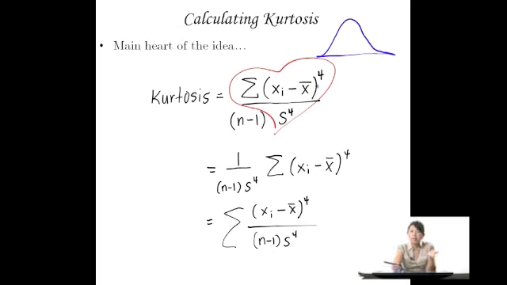And that's so arbitrary, just this weird number. And so what they've done is they've made the kurtosis function so that you subtract 3 from it, so that the normal distribution has a kurtosis of 0, right? Because 3 minus 3 is 0.